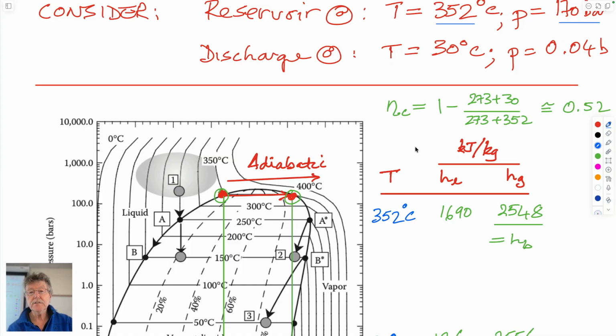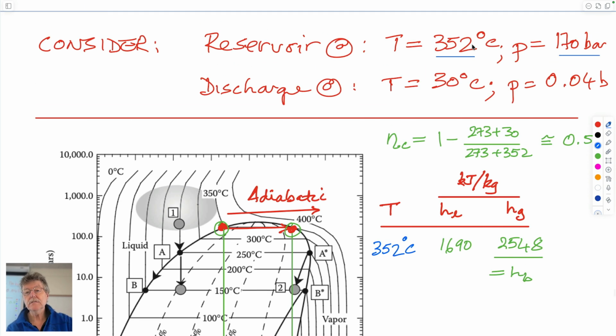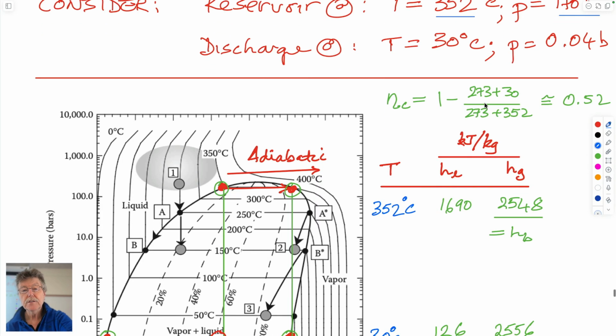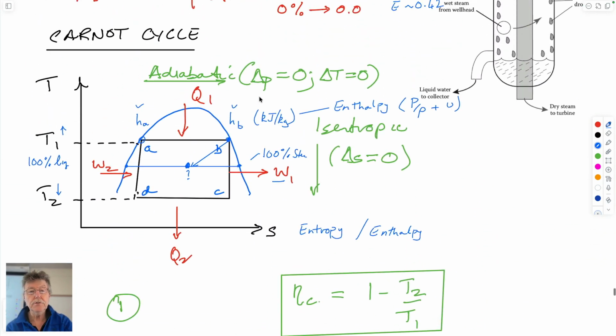So if you look at this system, water's coming into the turbine at 352 out of the reservoir, and it's coming out of the turbine at 30 degrees centigrade at these particular pressures. So what we can do is go to a figure like this, but instead of using entropy, even though we want isentropic behavior, which would be coming vertically down here with no change in entropy.